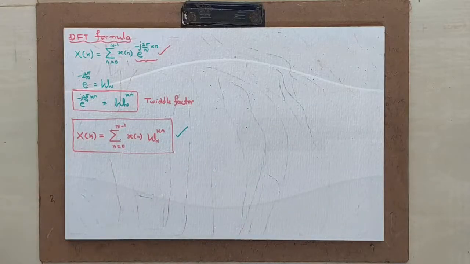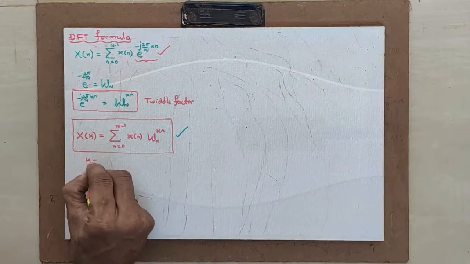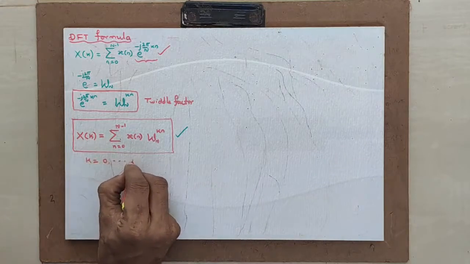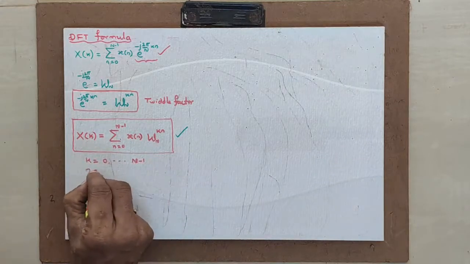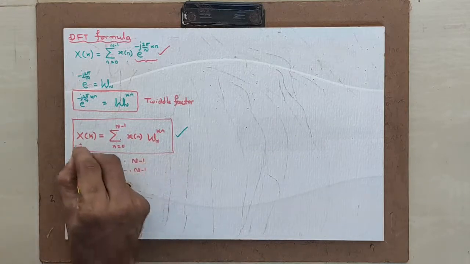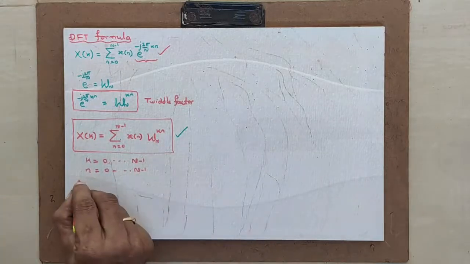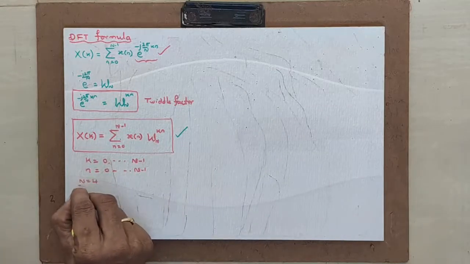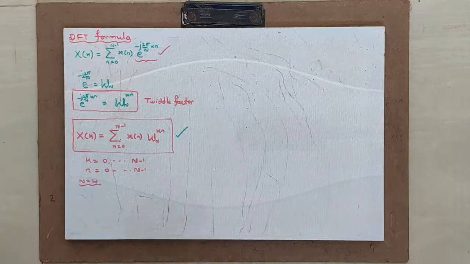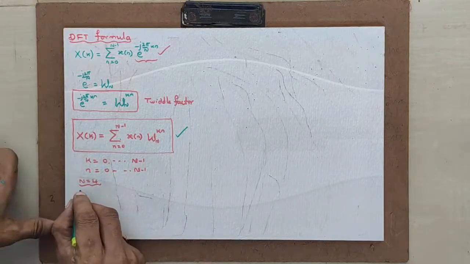Now another way we can apply this formula. Let us consider k is equal to 0 to n minus 1. Similarly small n also 0 to n minus 1. In that case I will just expand this formula for n equal to 4. First let me calculate x of 0.